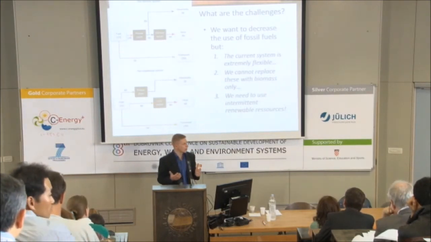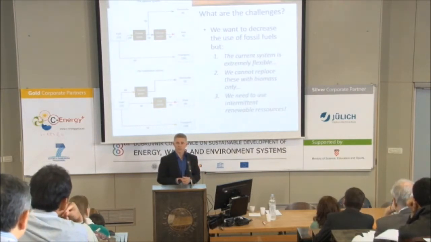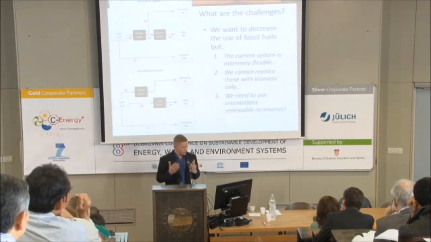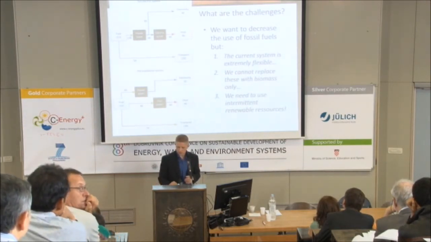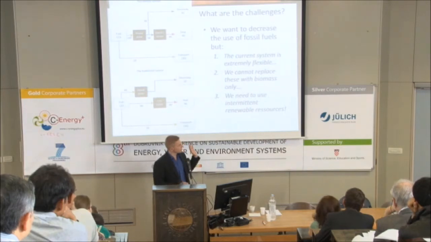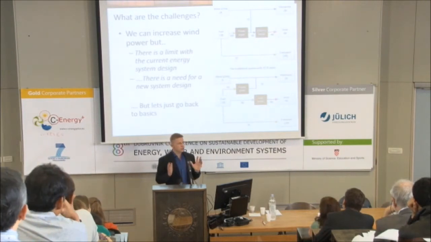We need to use wind power. We need to use wave power. We need to use photovoltaics. We need to use solar thermal. We need to use geothermal. We need to use all of these resources that are a bit hard to handle. We can also do that in these systems that we see here with no problem, at least to some extent.